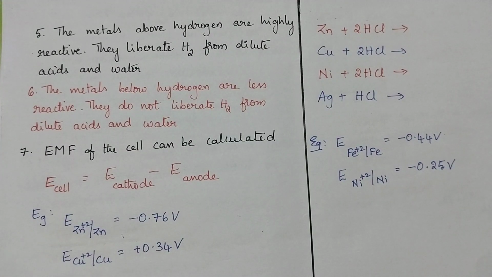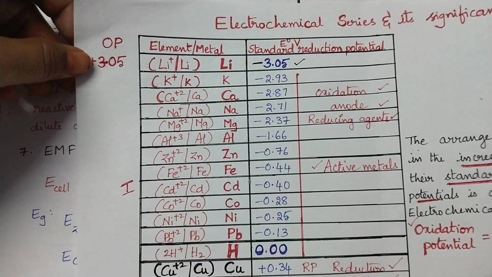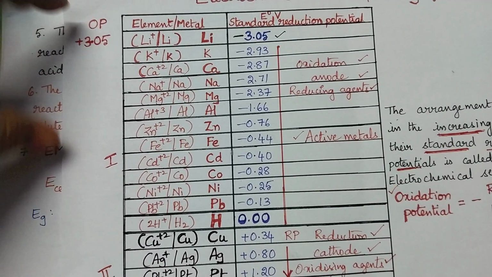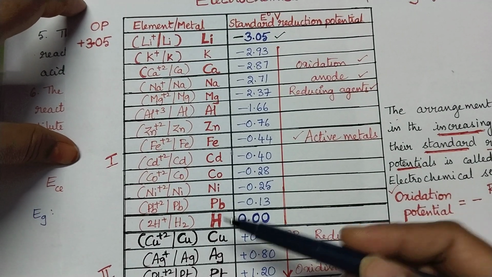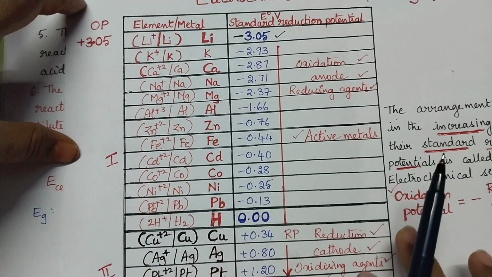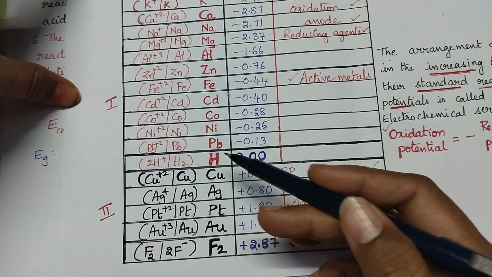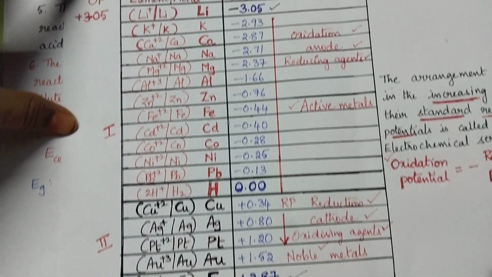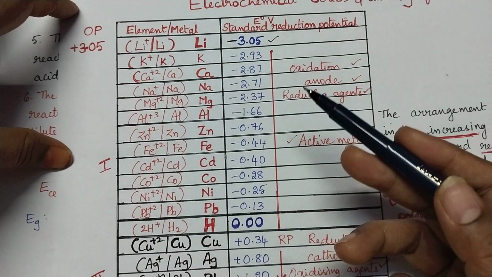So from the electrochemical series, we have to remember the position of metals. Always remember the noble metals are placed below hydrogen and the remaining metals are placed above hydrogen.